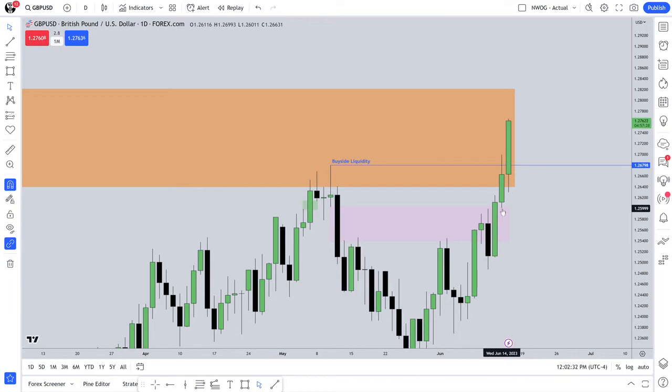Why would it be interested to do that? Because those sell stops being triggered to get traders short, chasing it, they think it's going lower, is the perfect counterparty to smart money going in and buying it, because they're the sell side to their buy. Every long has to have a sell side. Every short has to have a long side.